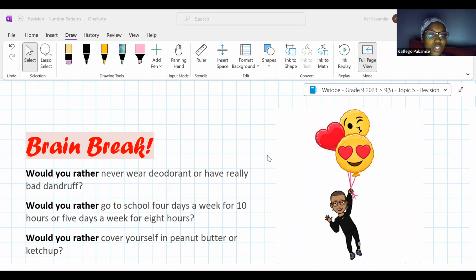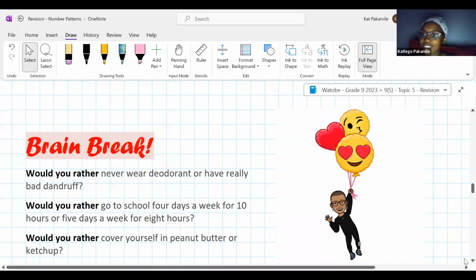Ketchup because it's easier to wash. Have you felt stale peanut butter? Go take a spoon of peanut butter and leave it out and see what happens. Peanut butter is thick. That's exactly my thoughts. More doggy licks, no, thank you. Terrified of it.